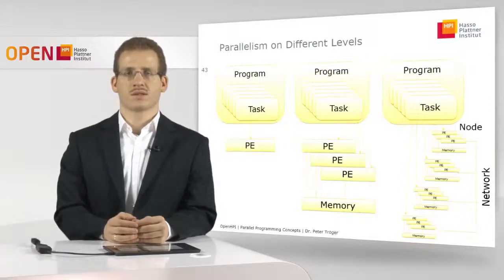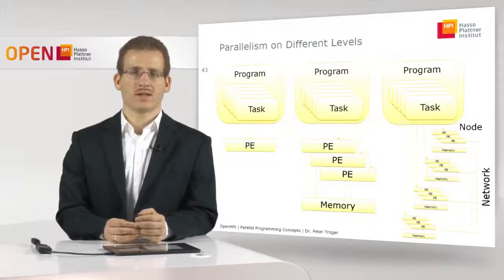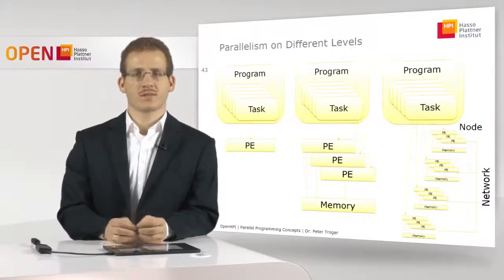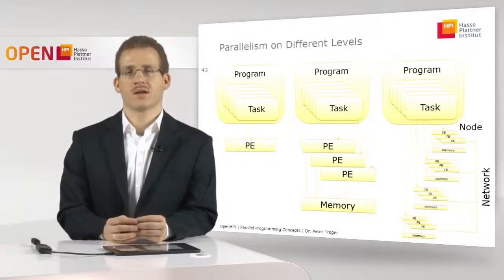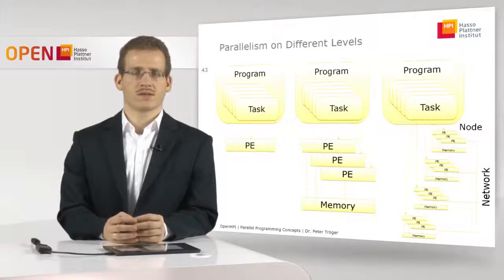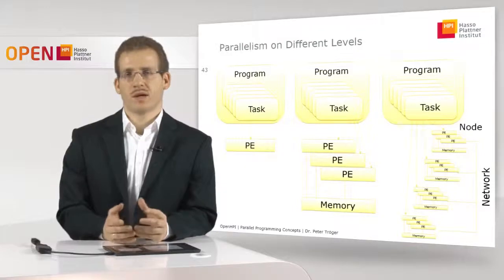The second way of having parallelism in hardware in a particular system is to have multiple processing elements, cores or processors, in one machine. And all these cores and processors share the same main memory. That's a common principle you can find when you buy a modern machine.